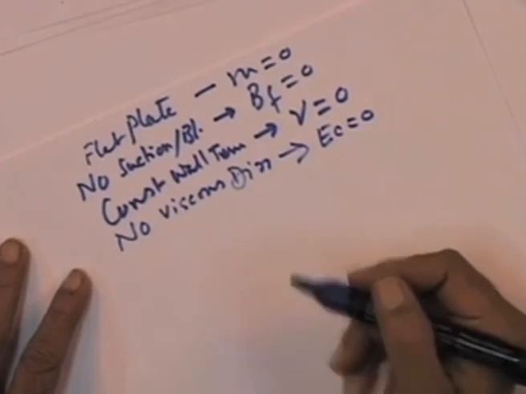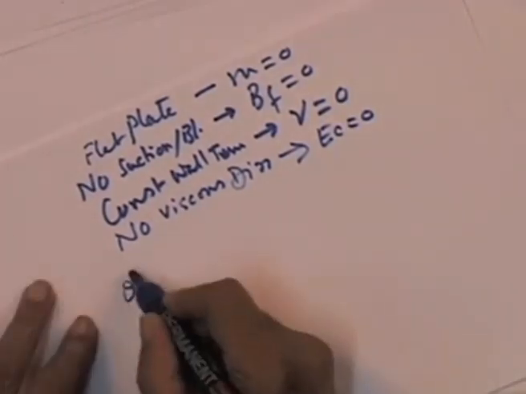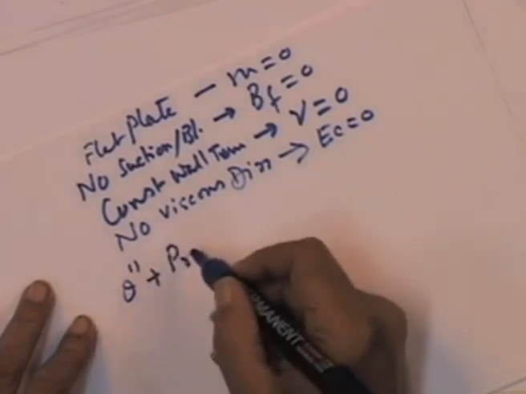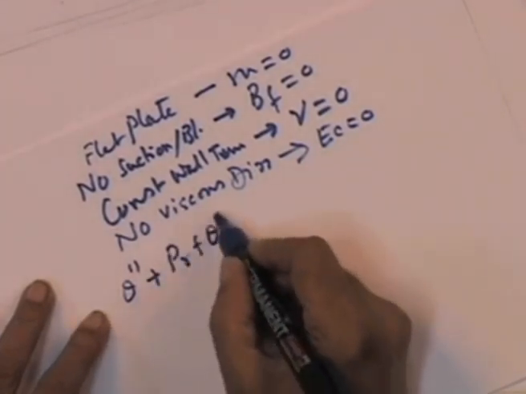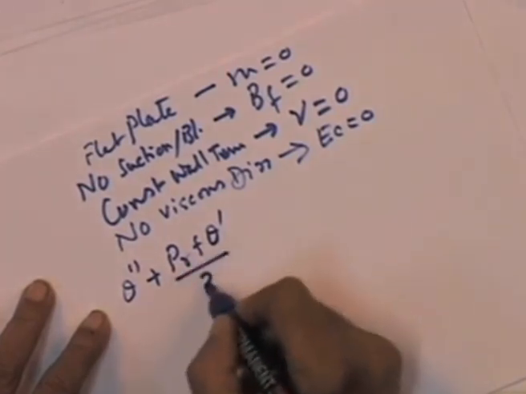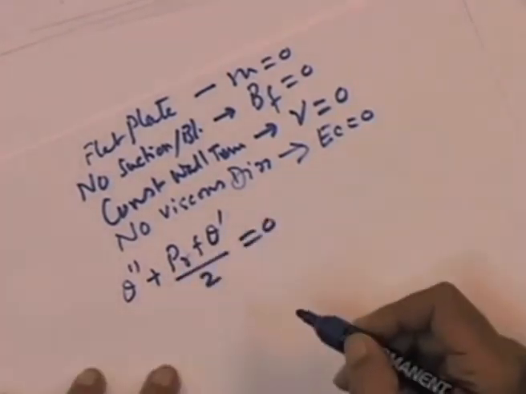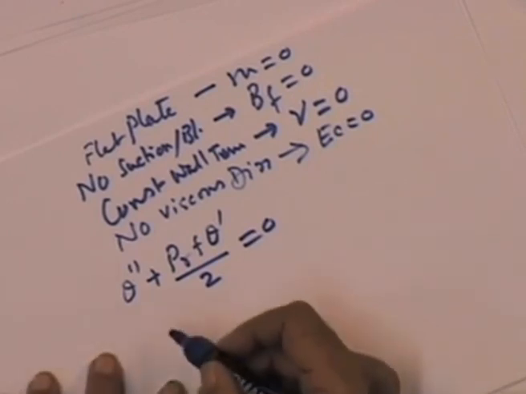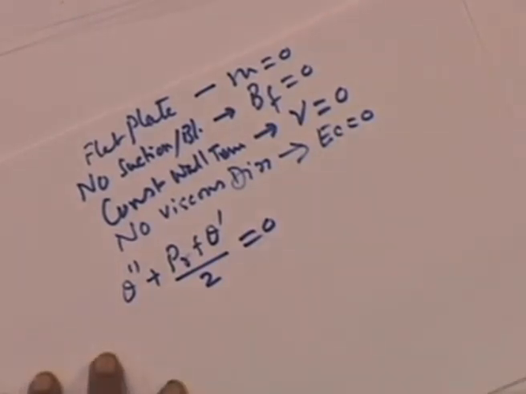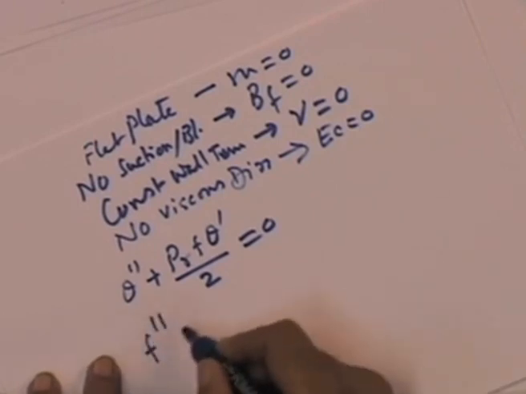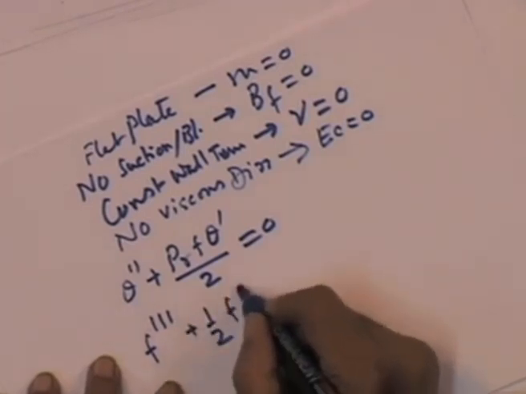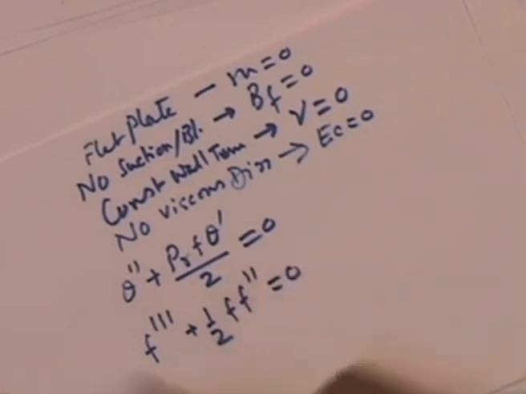So, we have a very simple equation then, theta double prime plus Prandtl into f theta dash divided by 2 equal to 0, and the velocity equation would look like f triple prime plus half f f double prime equal to 0.